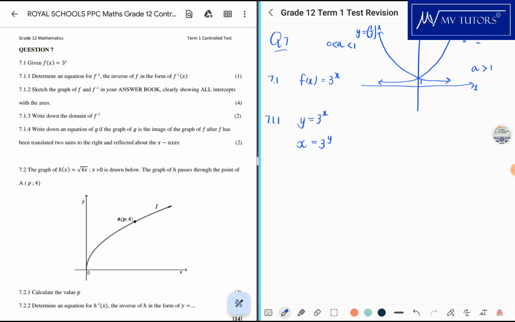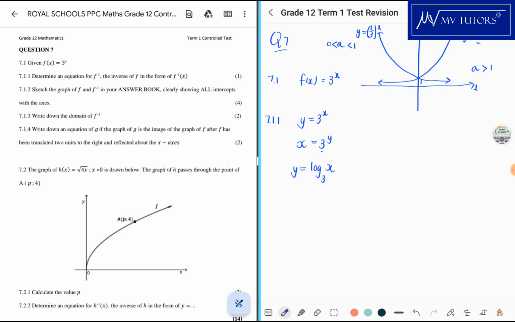And we need to write it in terms of y. If you have your unknown as an exponent or in the power, you need to bring it down using logs. So the answer basically will be y is equal to log base 3 of x.